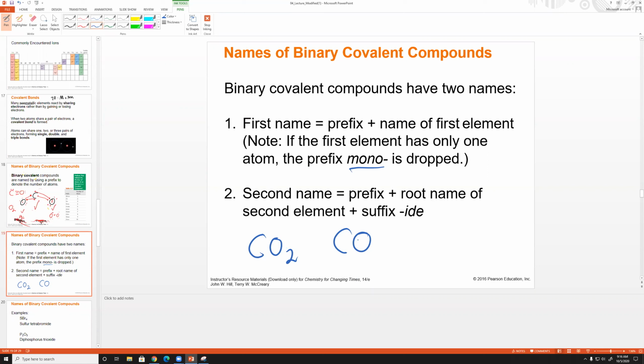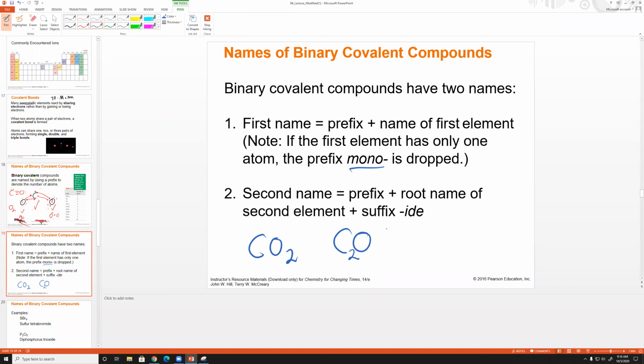Same for carbon monoxide, it's not monocarbon monoxide. When the first element only has one atom, you're dropping the prefix. Every other prefix is relevant. So if you had C2O, it would be dicarbon monoxide.